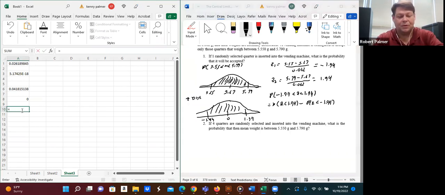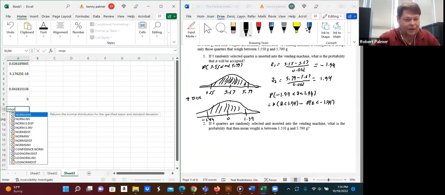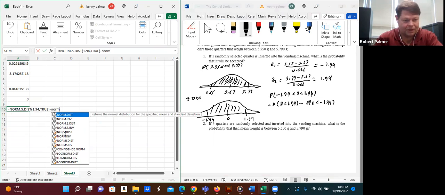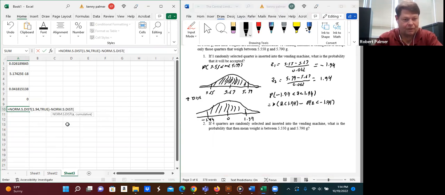Once again, we do equals NORM.S.DIST, the larger value, 1.94 and true, minus NORM.S.DIST, negative 1.94 and true. Okay, double check, make sure everything's right.